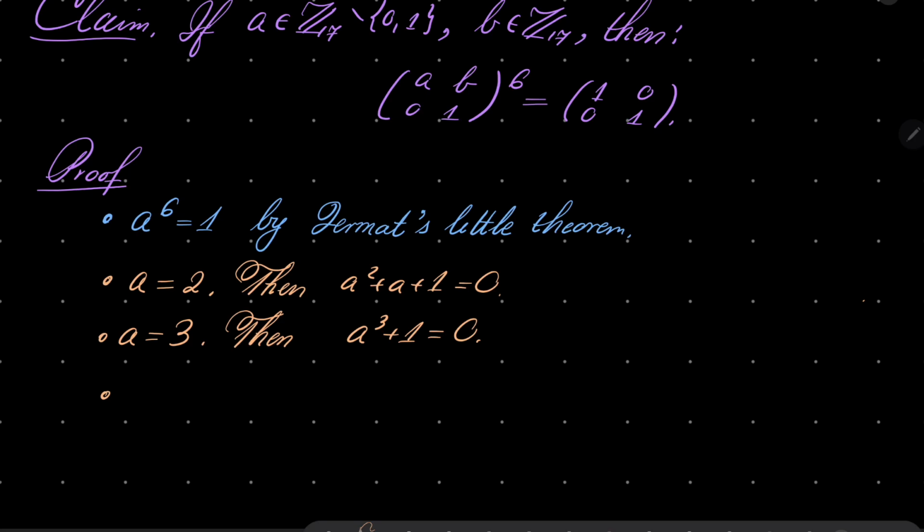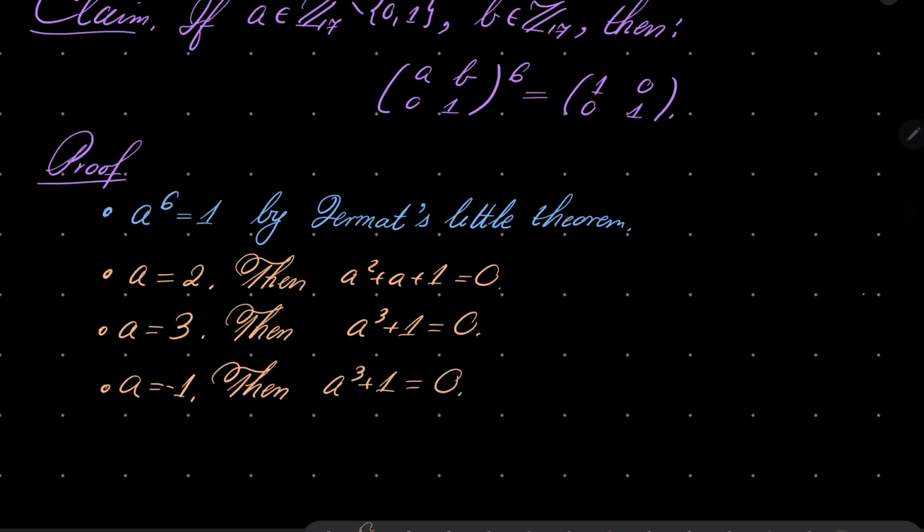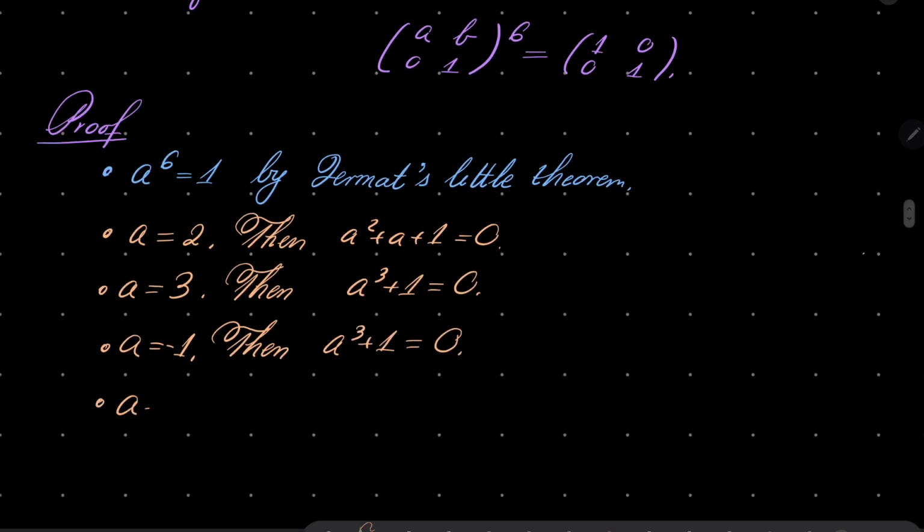A equals 1 is not allowed. A equals minus 1, also known as 6. Then A cubed plus 1 is 0. What else is left? What about minus 2? Well, then A cubed plus 1 is minus 8 plus 1, it's minus 7, minus 7 is 0.